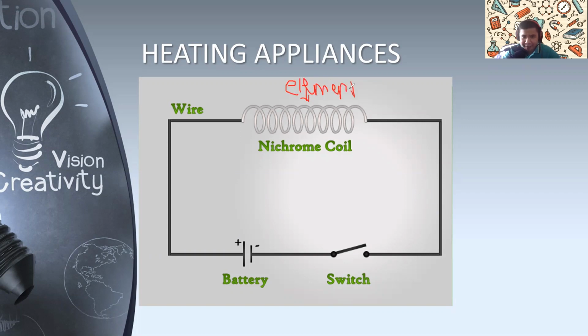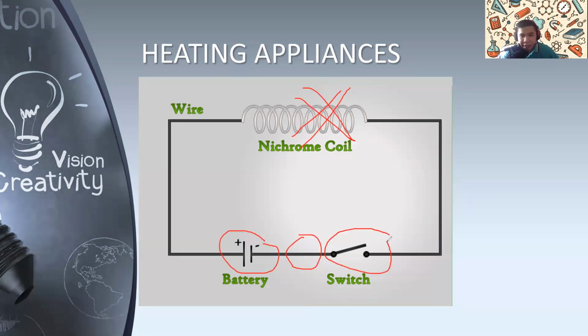It's called the element, okay? Instead of the light bulb, we use the element or the nichrome coil. So it works almost the same as the basic electrical circuit. There is a wire, there is a battery, there is a switch, and then instead of the light bulb, we have the element.